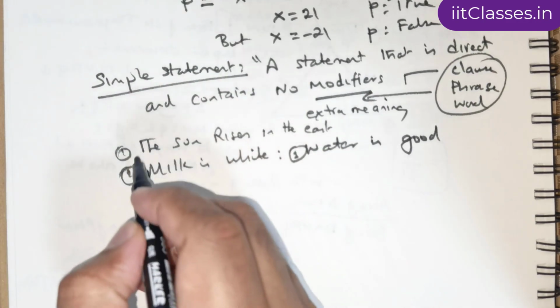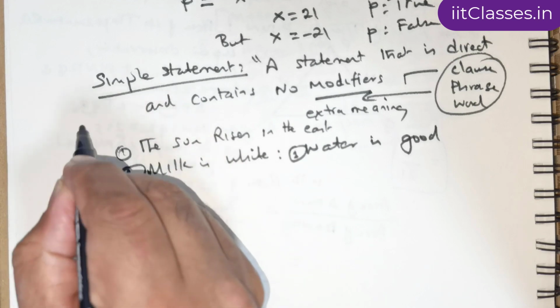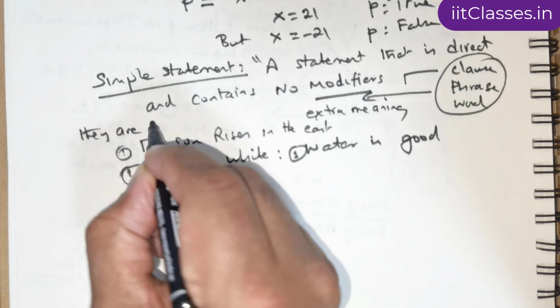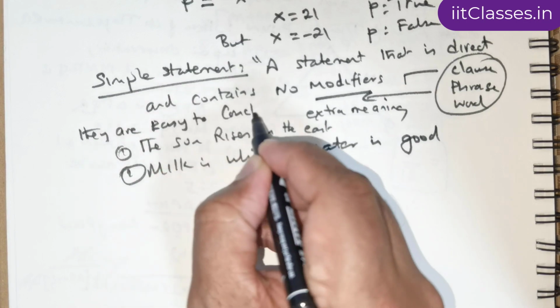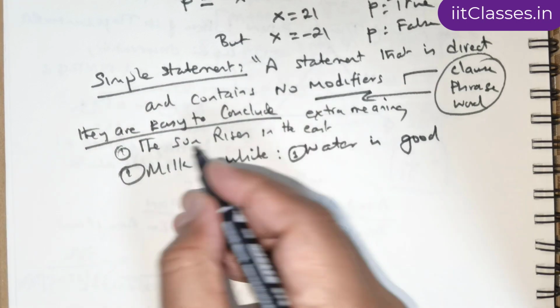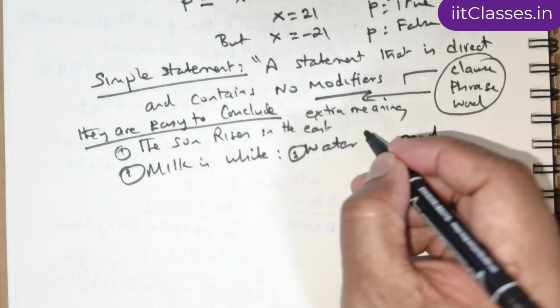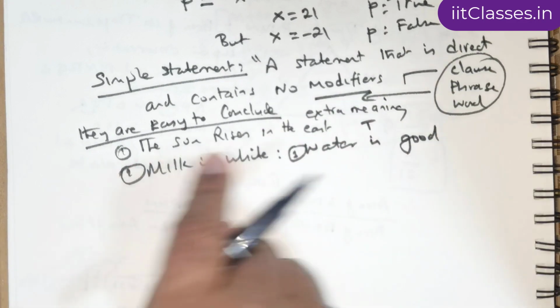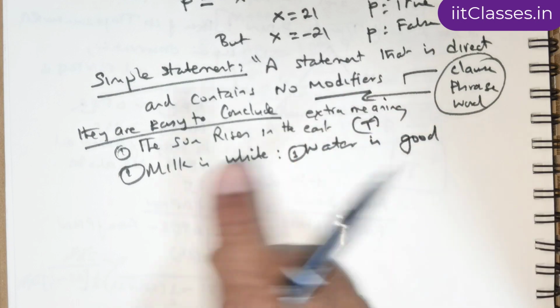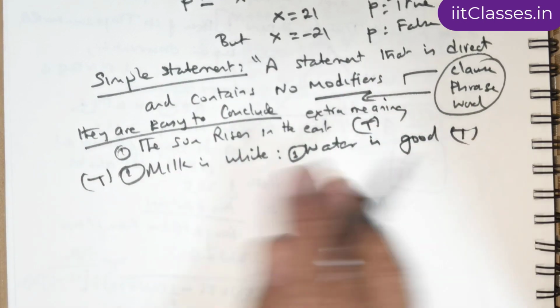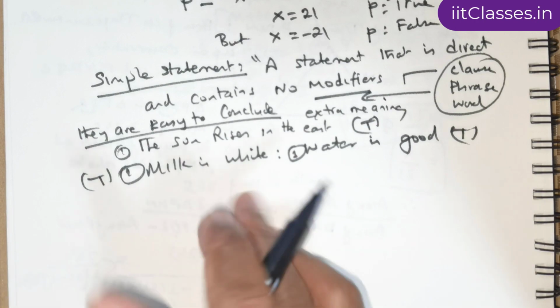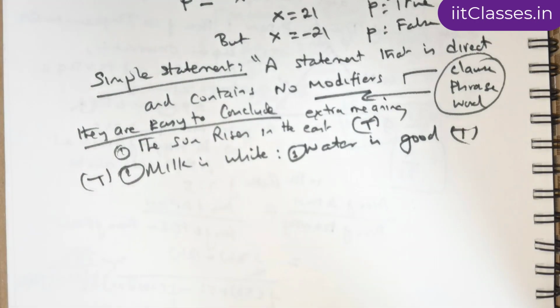And the added benefit of simple statement is they are easy to conclude. So you can easily say if it is true or false. So in this case, sun rises in the east, it's true. Milk is white, it's true. Water is good, it's true. It's simple, right? So that is how we define a simple statement.